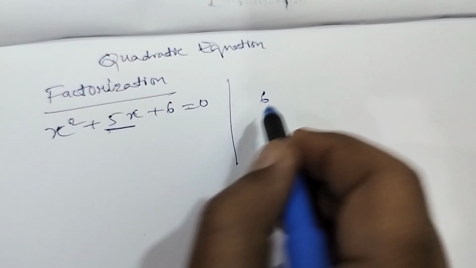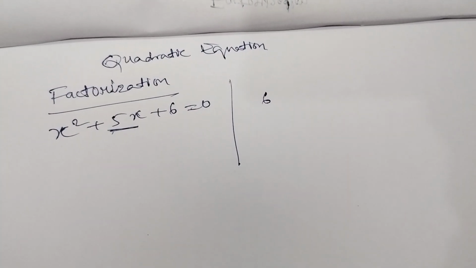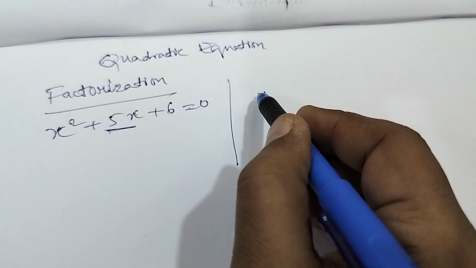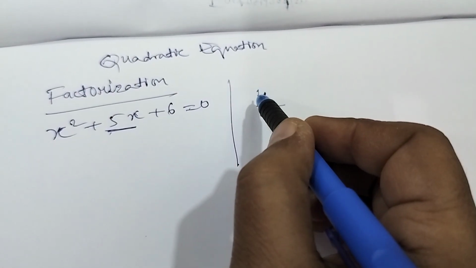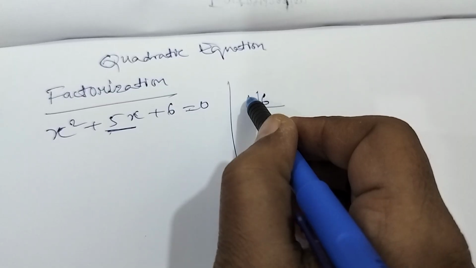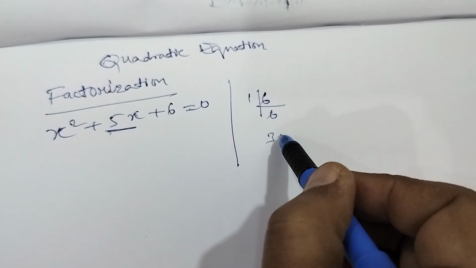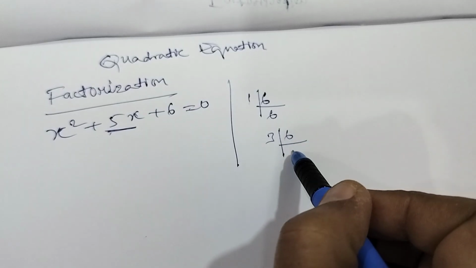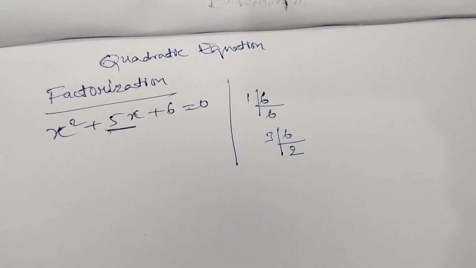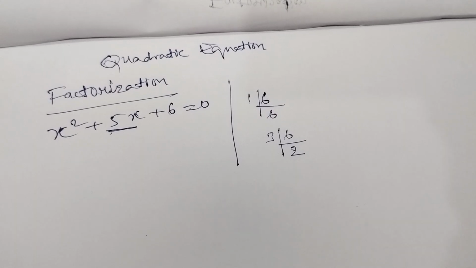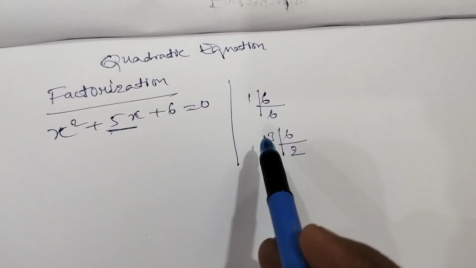So we have to find the factors of 6. We have multiple factors for 6. You can take 1 times 6 is 6, and we can take another set like 3 times 2 is 6, or 2 times 3 is 6. Then the possibilities are listed.